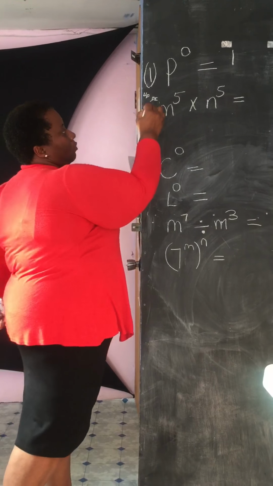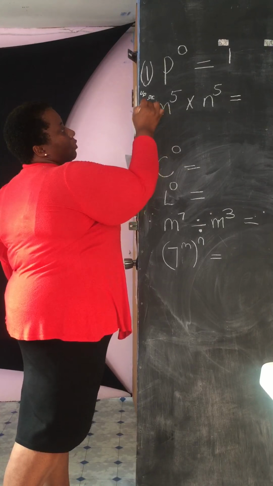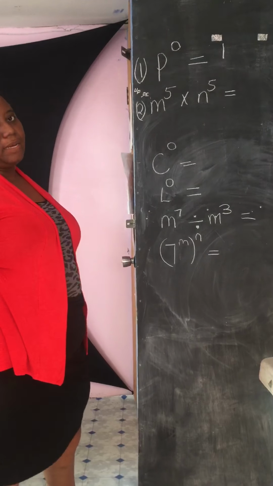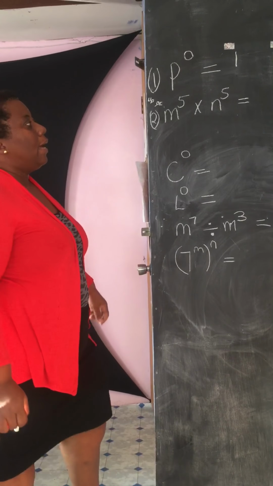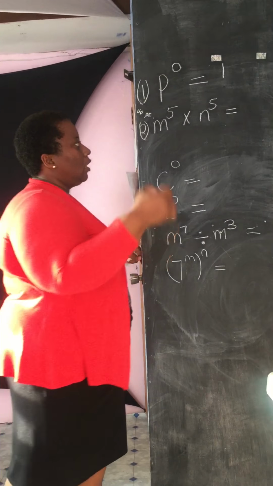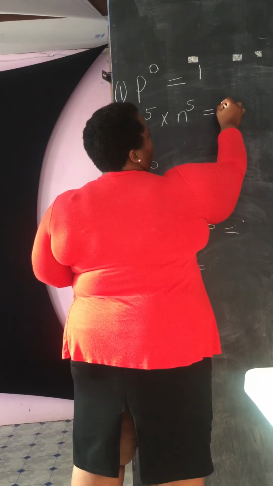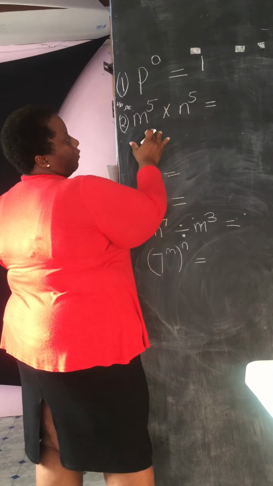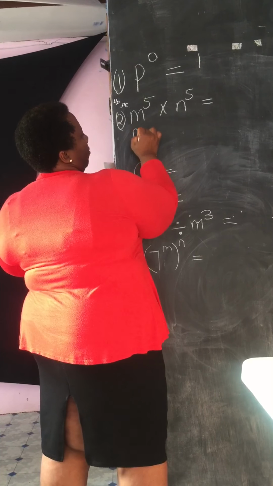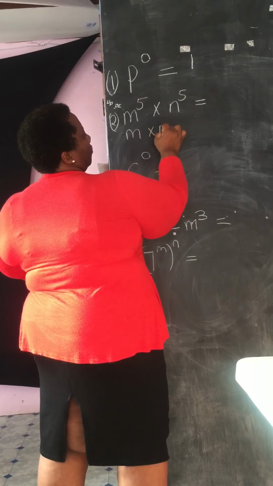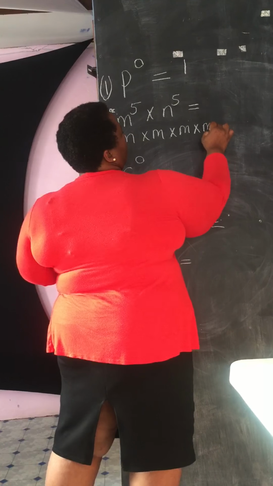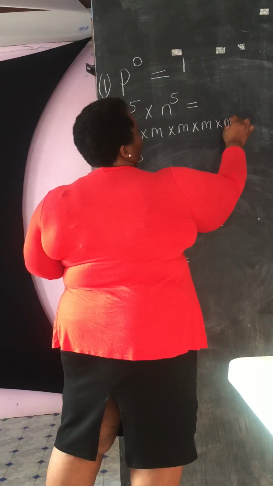Second question, we have m to the 5th power by n to the 5th power. And just as we did in the first video on indices, you work out the first part of the question, which is m to the 5th power. So it means that is m by m by m by m by m.